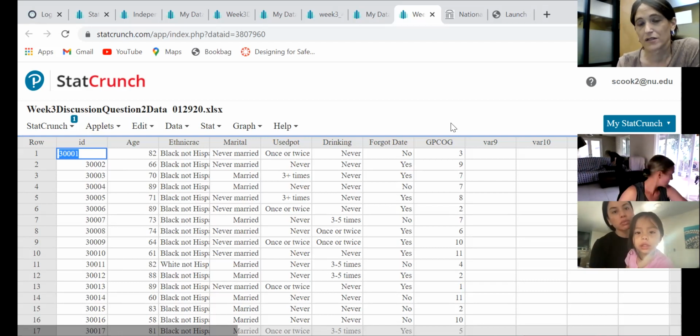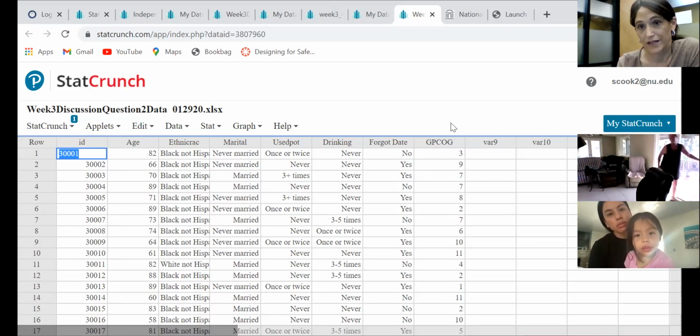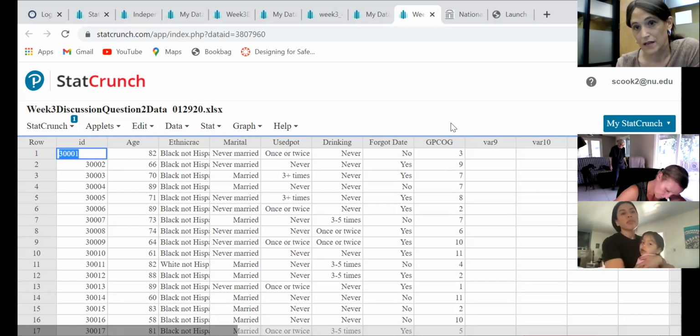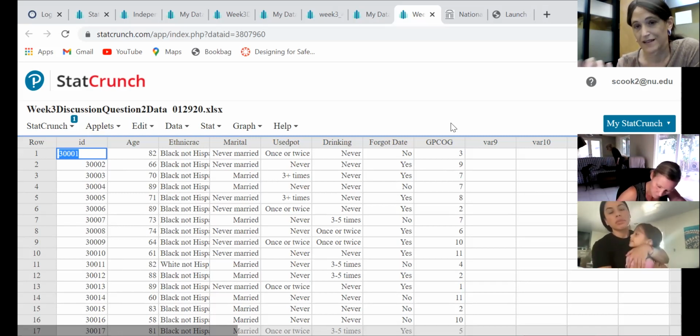I will also mention that your textbook and this exam coming up, or this quiz 3, goes into non-parametric statistics. Non-parametric statistics is useful when our data doesn't conform to assumptions that we have for our traditional parametric tests.